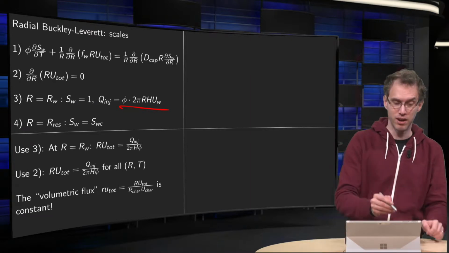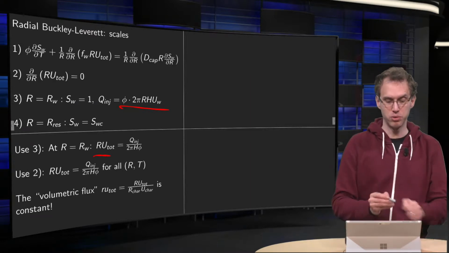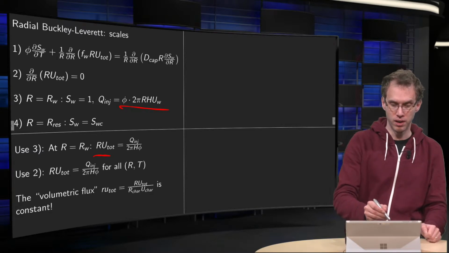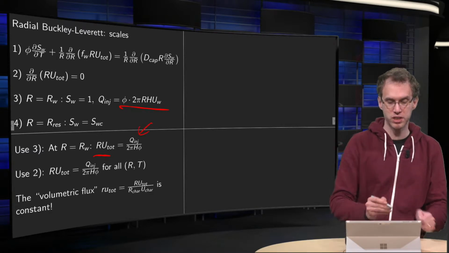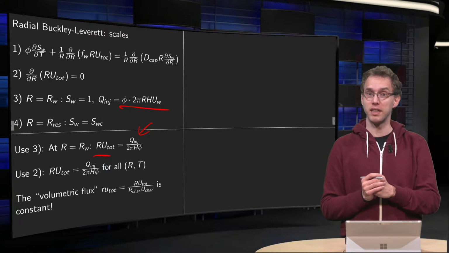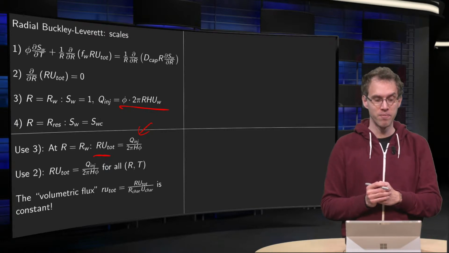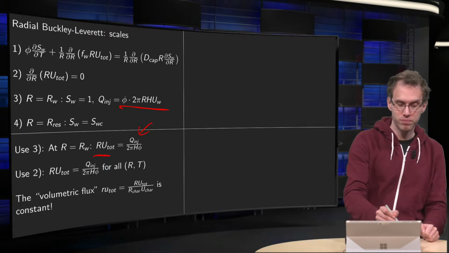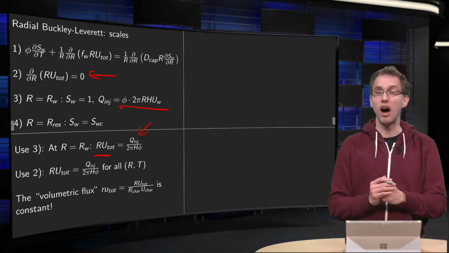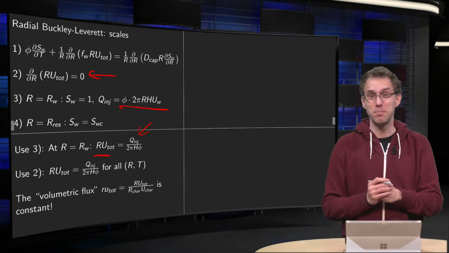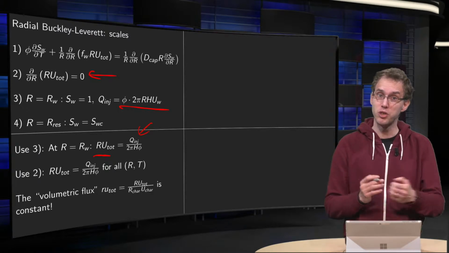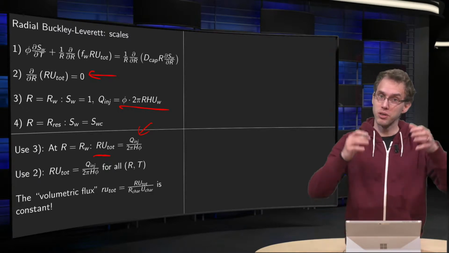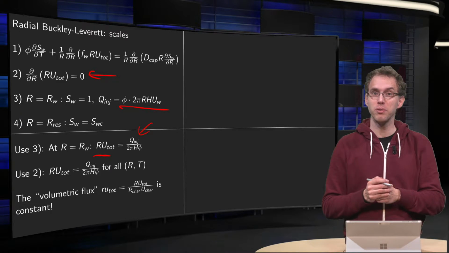We see at R equals R_W, R times U total equals this constant Q inject divided by 2 times pi times H times phi. Now, furthermore, we see that this R times U total does not depend on R due to equation 2.